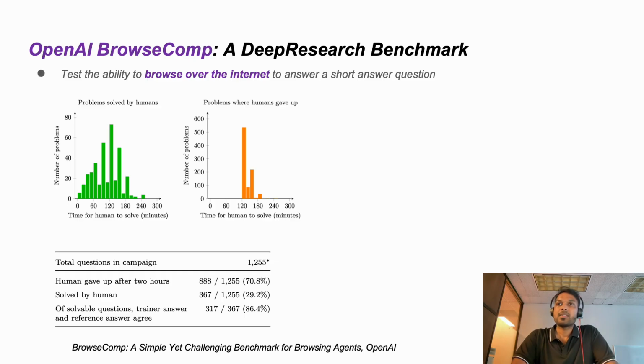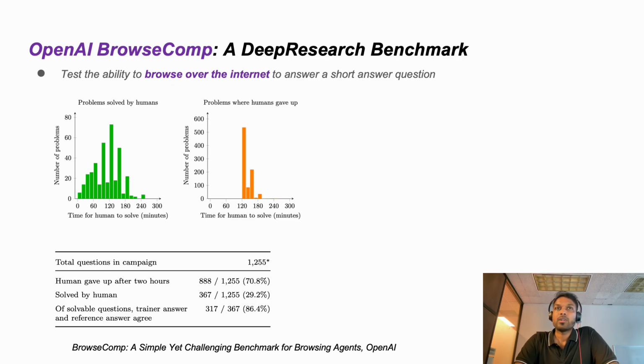There are benchmarks that let us evaluate these deep research capabilities, and one important one is OpenAI's BrowseComp benchmark. It's important to understand how they built this. That's pretty interesting, both from the perspective of how to design a deep research agent, as well as in general to understand how these datasets and benchmarks are created.